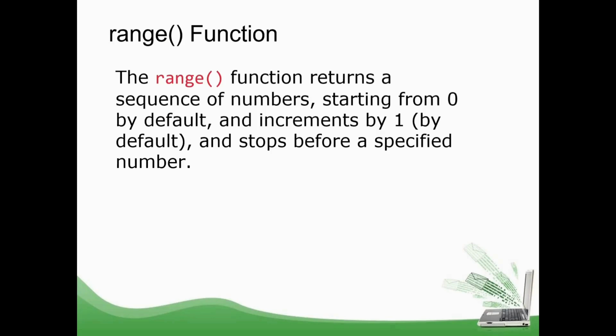If you want a different increment, suppose 2 or 3, that's up to you, but the default value is 1. The starting value is 0 and the increment value is 1. And it stops before a specified number provided by you.